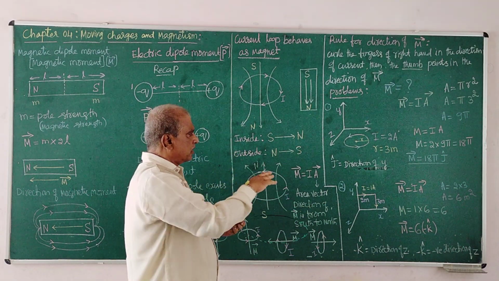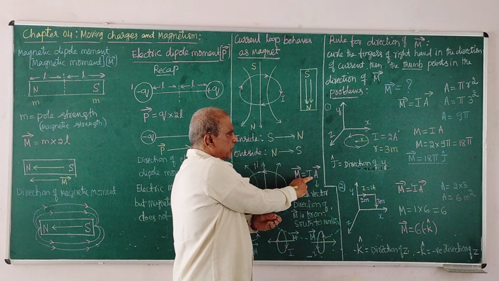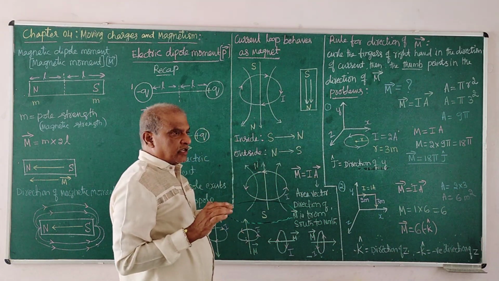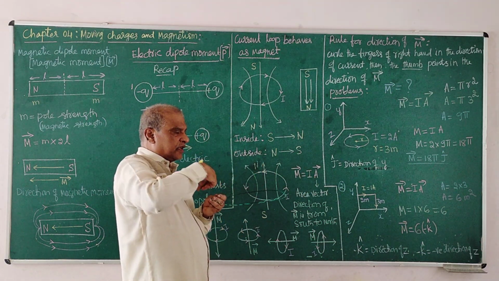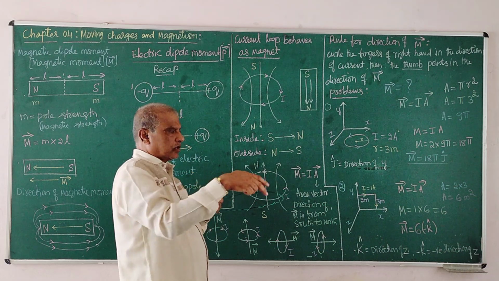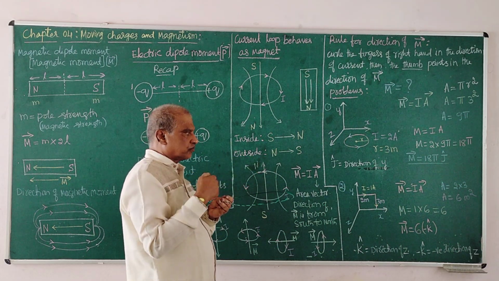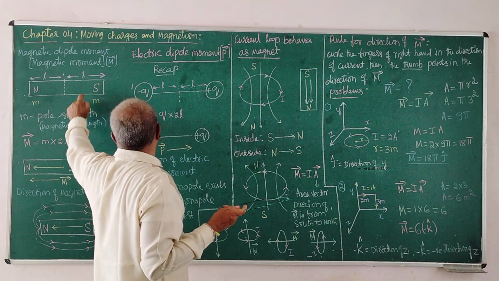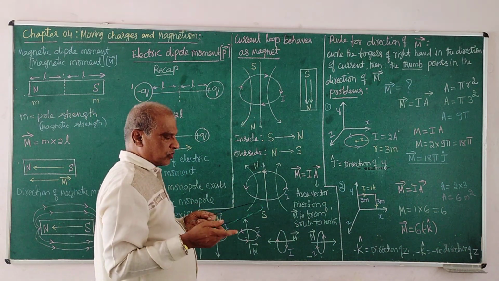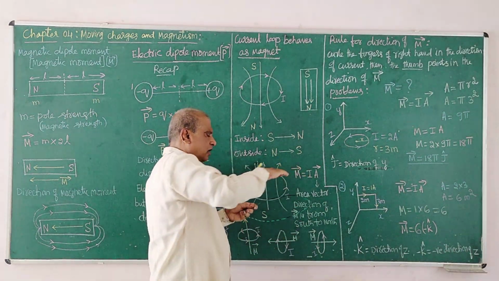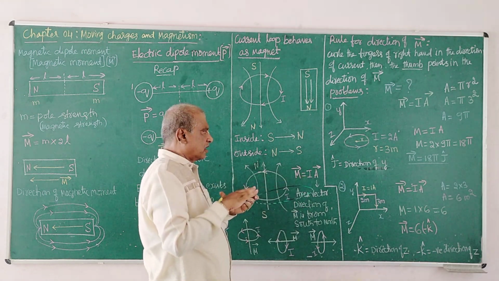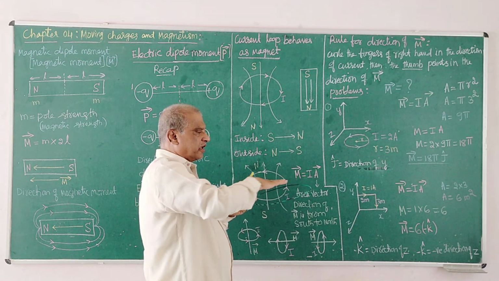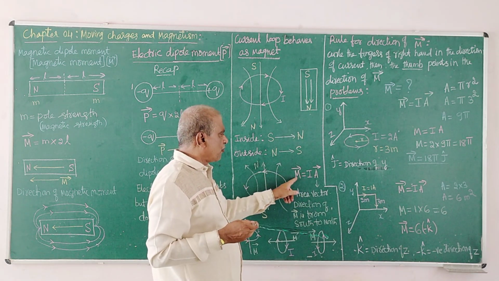It is given by the definition expression M = I A, where I stands for the current strength in the circuit and A stands for the area of the circle. Bigger the area, bigger the M value.